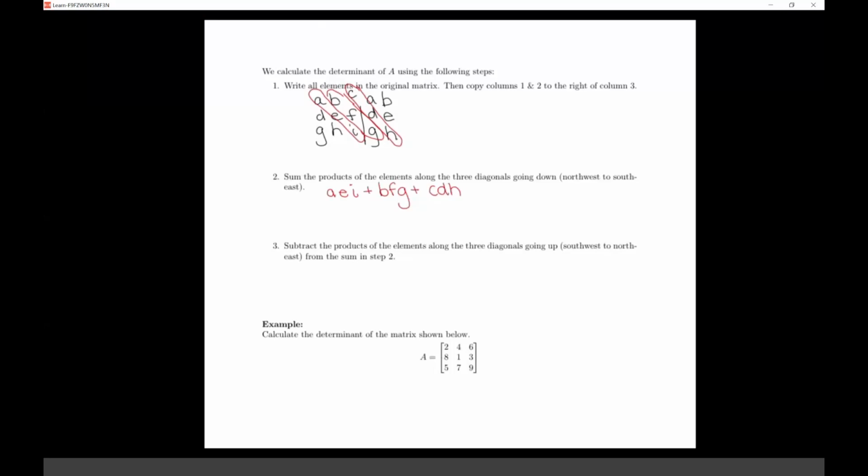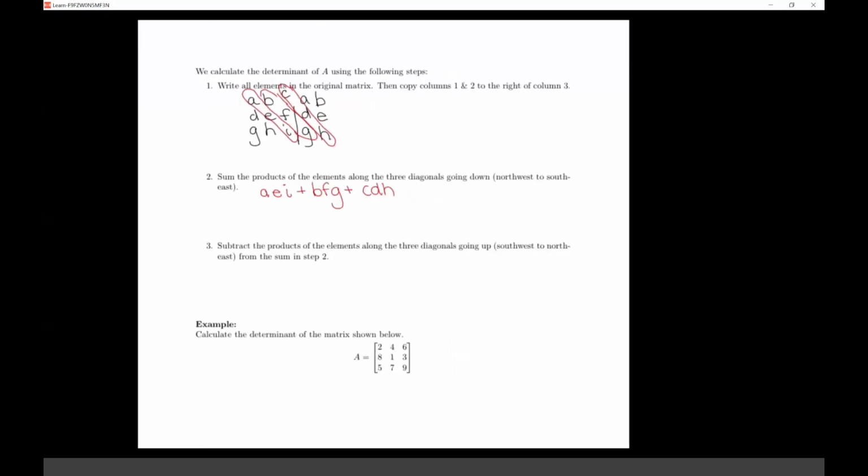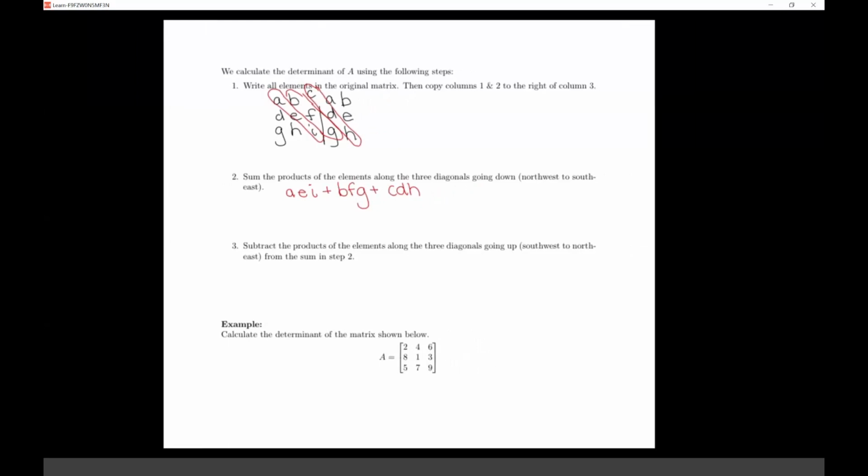Diagonals down, and here it says northwest to southeast. And then I would form the diagonals going up, or as they say, from southwest to northeast. They are basically GEC, HFA, and IDB.